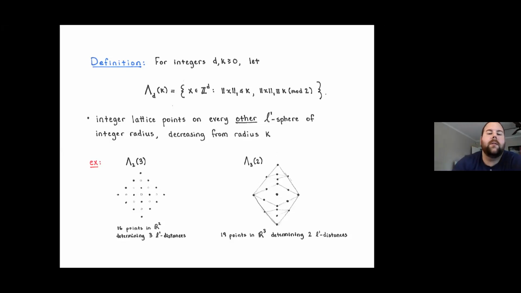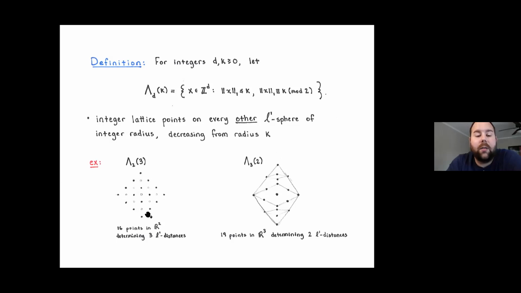Okay, and so what we defined here is lambda d of k. It's the integer lattice points on every other L1 sphere of integer radius, decreasing starting with radius k. So here's two quick examples. Lambda 2 of 3, that would be R2, 3 taxicab distances, right?